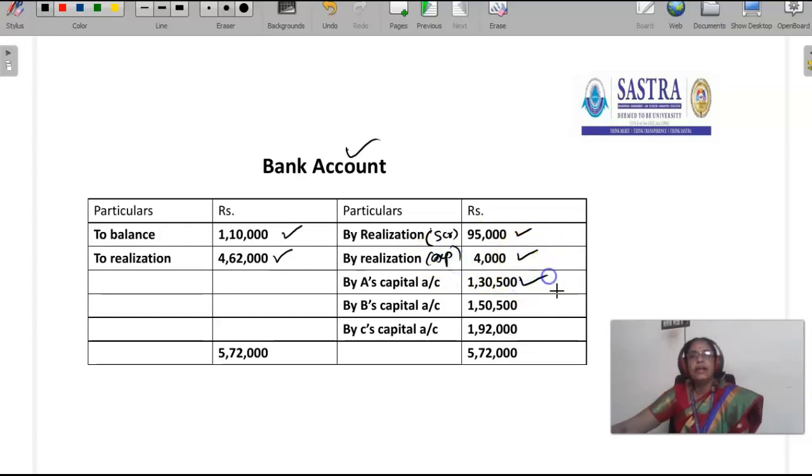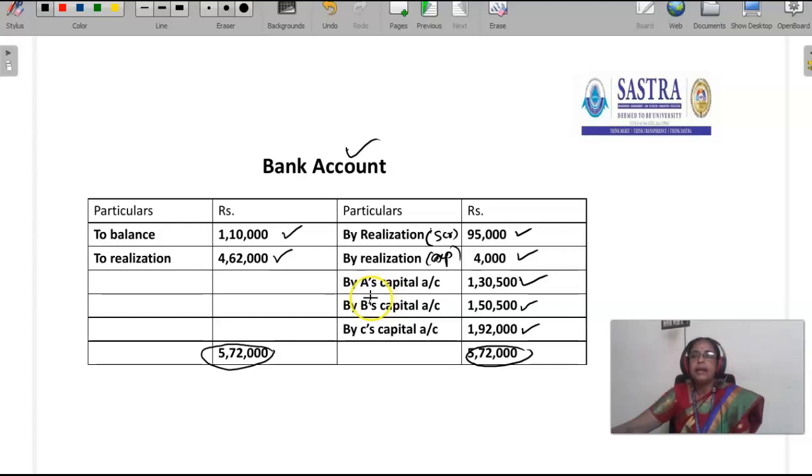A is settled 1,30,500. B is settled 1,50,500. C is settled 1,92,000 rupees. The total of the bank account is 5,72,000.